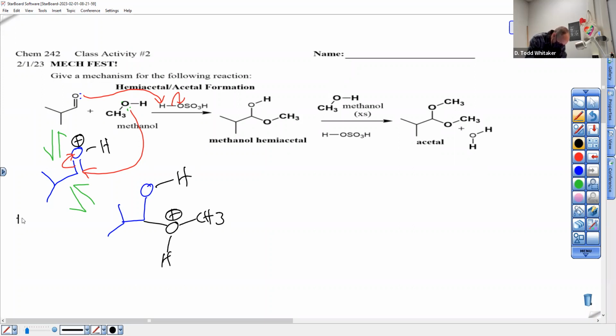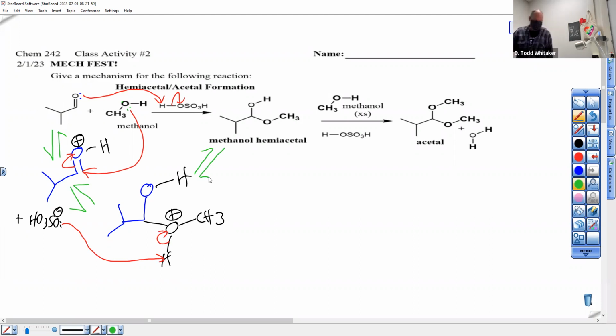And upstairs we made HO3SO minus in the first step, and we're using it to protonate or deprotonate our oxonium, depending on your perspective. Hemiacetal.